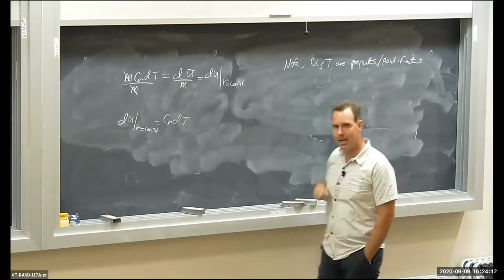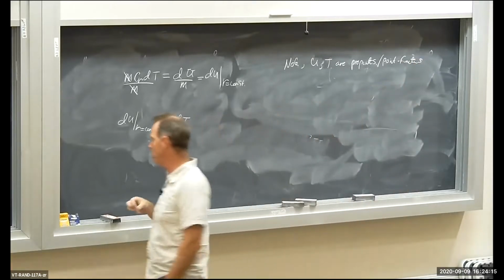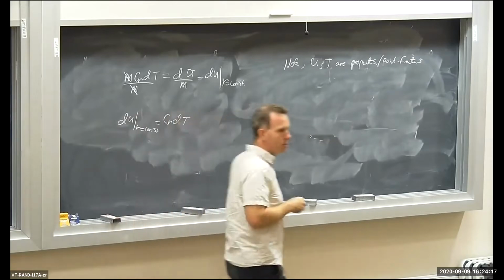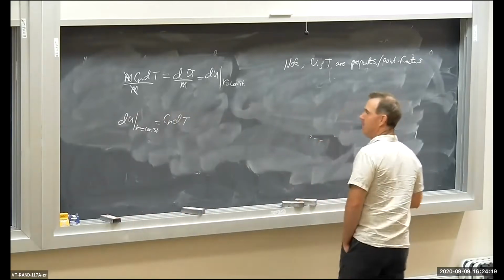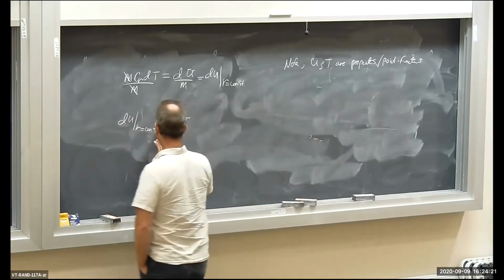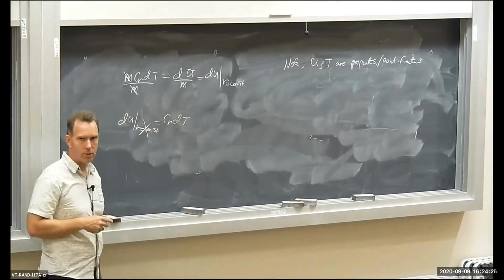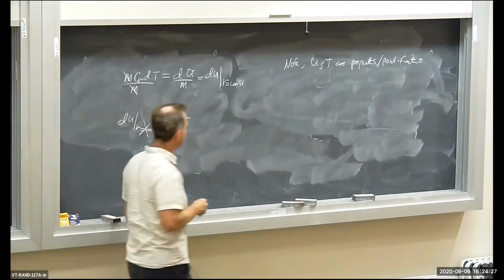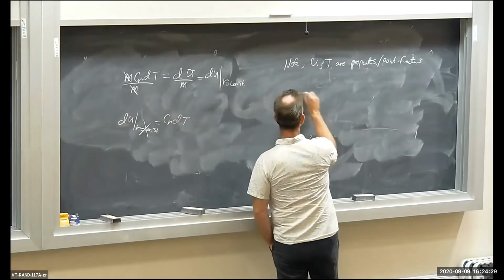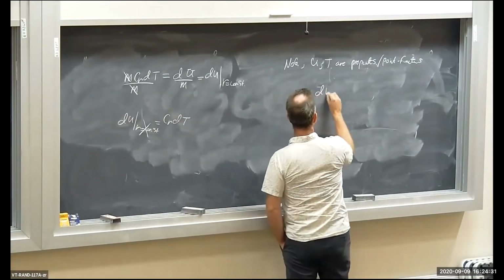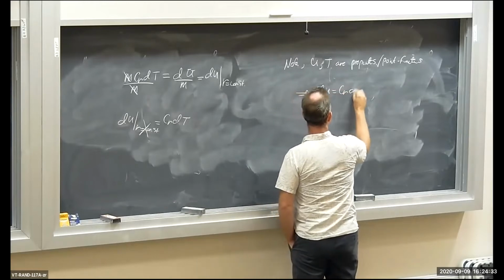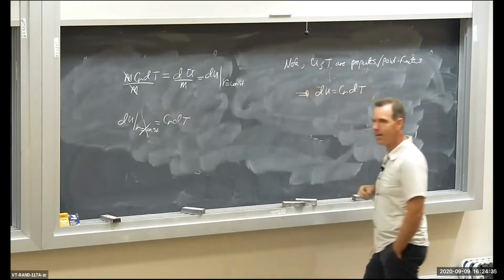So their changes, dT and dU, are invariant with respect to path. I can get rid of this. V is constant, I don't need it anymore. So this implies dU is equal to Cv dT for any process.